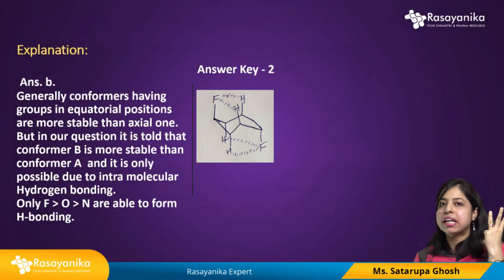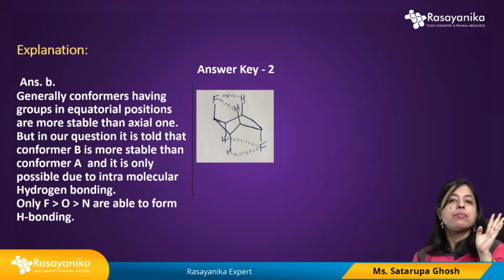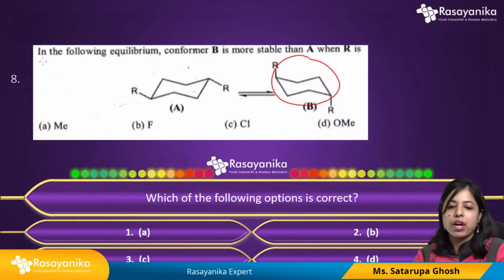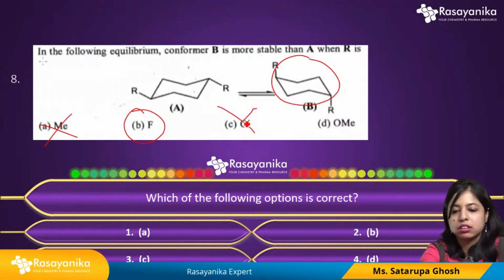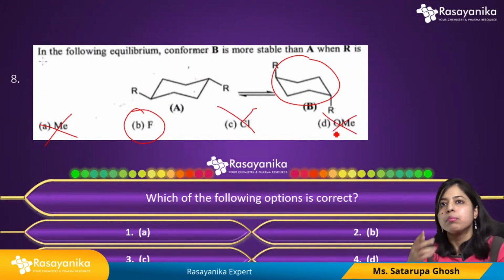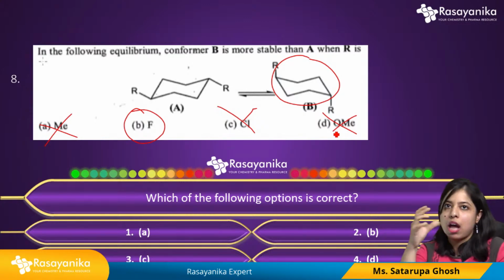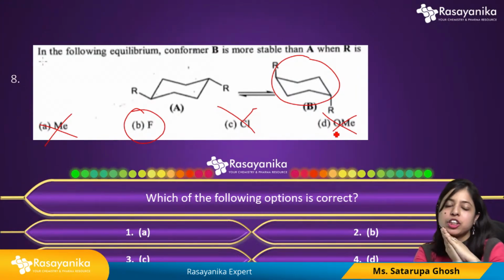So here in our options there is fluorine, right? So we can easily cancel out methyl chloride and OMe. Why OMe? Because the oxygen also has a bulky group attached to it, that is methyl. So just looking at the question and our options, we can say there's a fluorine.